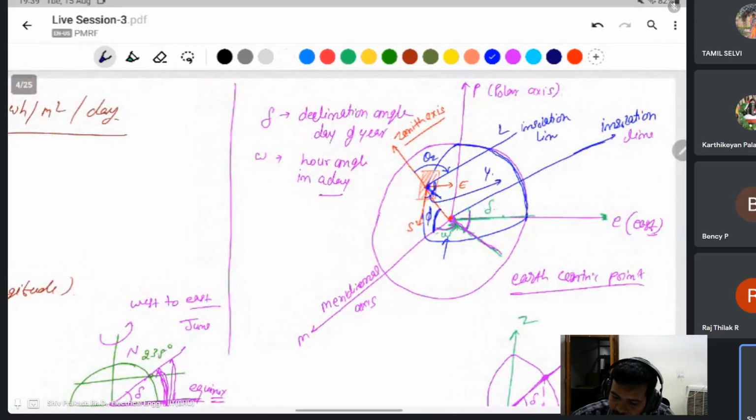It is the same as the hour angle at the surface, but it is the projection of the insolation line onto the horizontal surface, and the angle between that and the south is the azimuth angle. Theta z is the zenith angle.